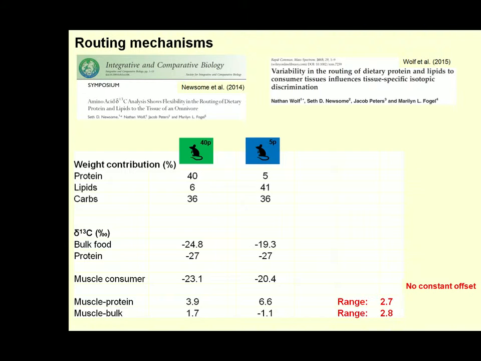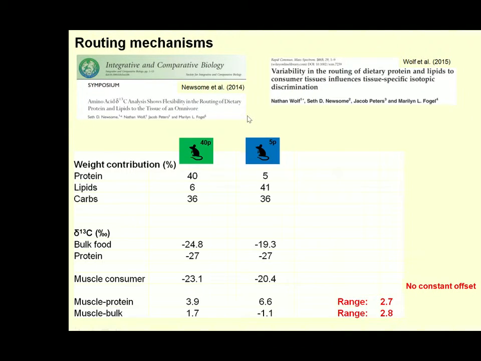But FRUITS allows you to do much more, including addressing much more complex dietary models, including, for instance, different routing mechanisms. So you have here data from one feeding experiment published in these two papers, in which groups of mice were fed with varying amounts of protein and lipids.